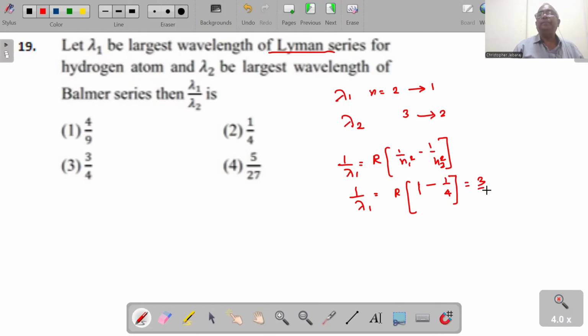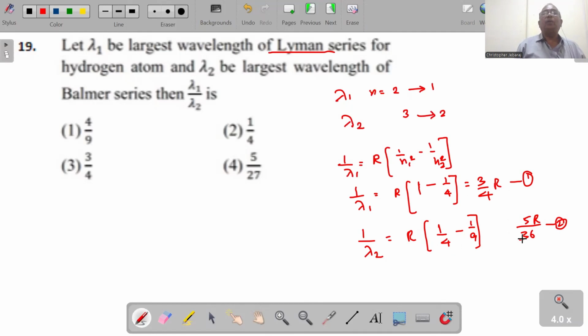Let it be equation number 1. Then 1 by lambda 2 equal to R into 1 by 4 minus 1 by 9, which is 9 minus 4 by 36, 5R by 36. Let it be equation number 2.